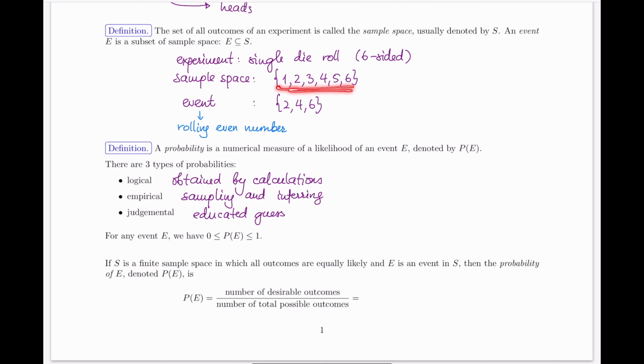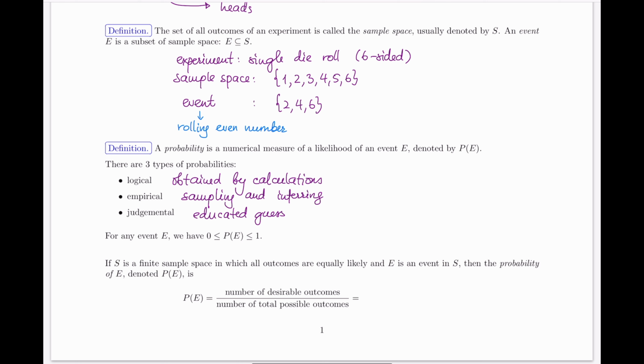It's going to be a space of all the possible outcomes, and we are assuming they're all equally likely. So your die is not loaded, your coin is fair, all of the possible outcomes are as likely to occur as another one. And I'm going to assume that E is an event in S, so it's some kind of subset of the sample space here.